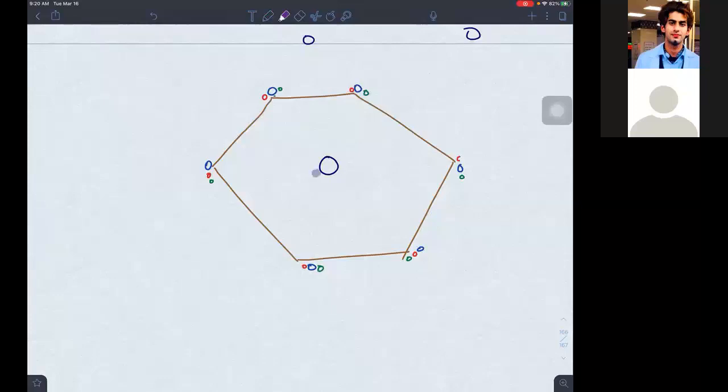This zone is which zone? Sorry, let me clear it again for you. So this zone is what? Yes, this is zone 3.